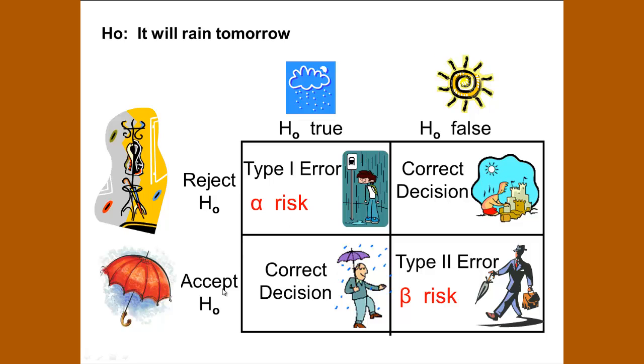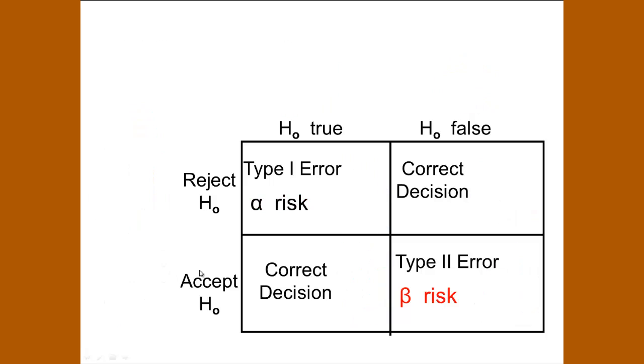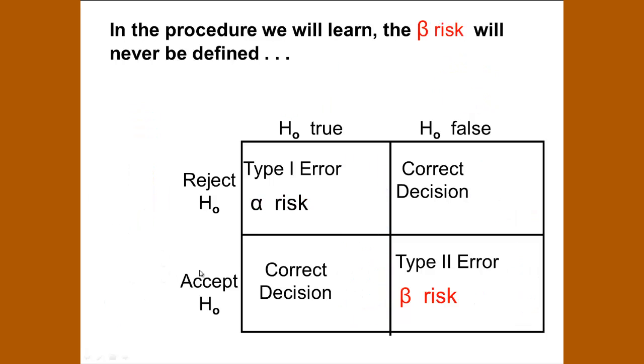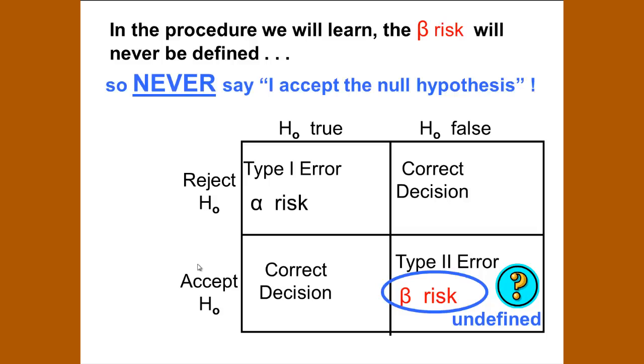So we're reducing the type 1 error, and we do not look at the beta risk in our method in this introductory class. So in the procedure, we will learn the beta risk will never be defined. So our type 2 beta risk is undefined.